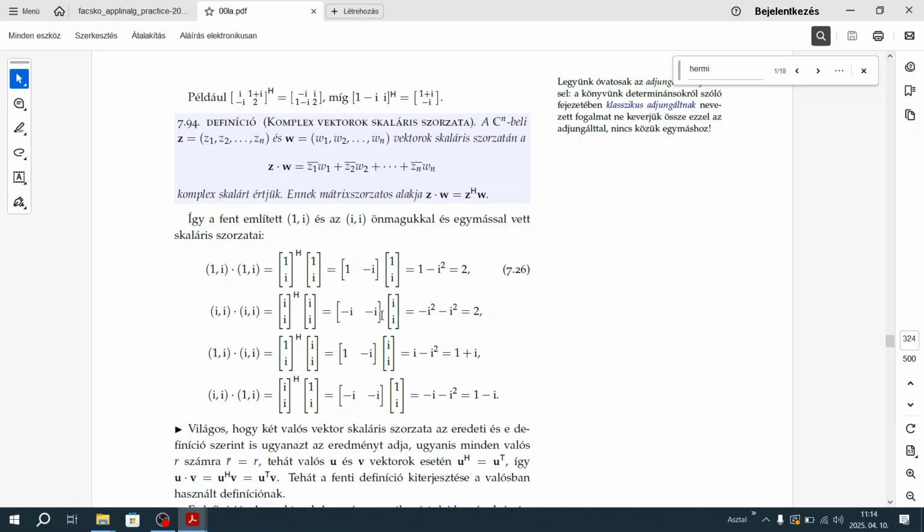Here you have this matrix. If you want to get that one, you first do the conjugation, and then you can do the transpose.